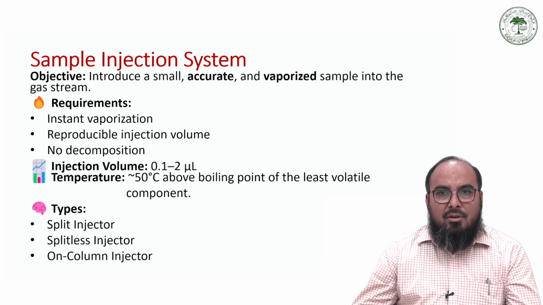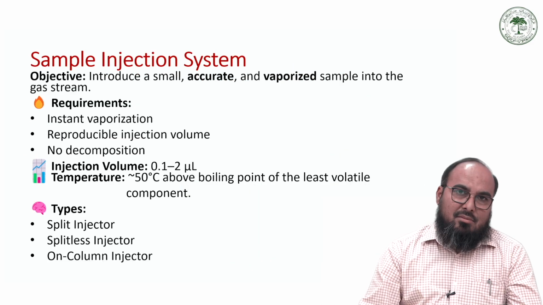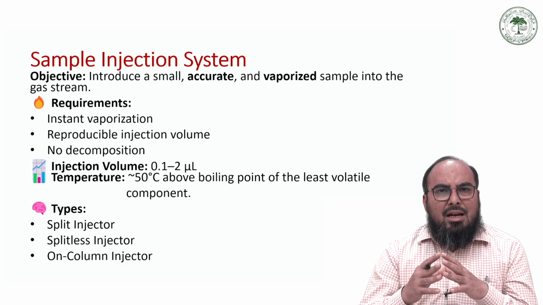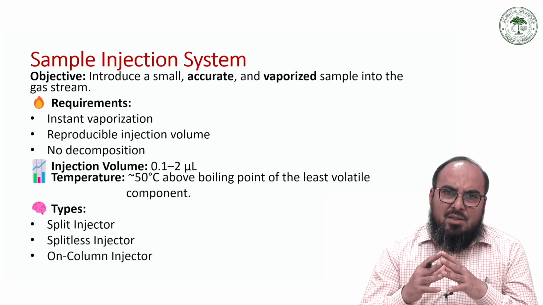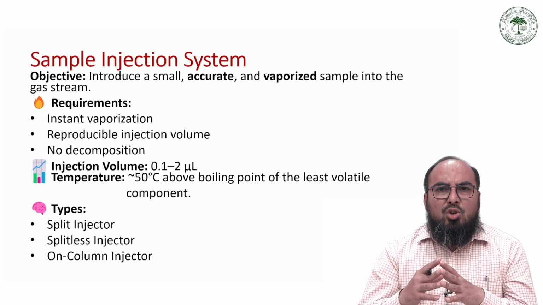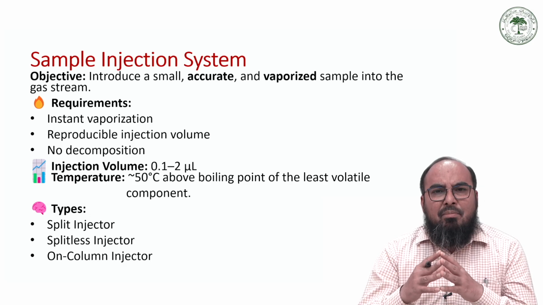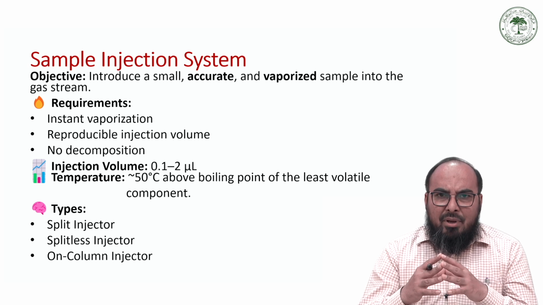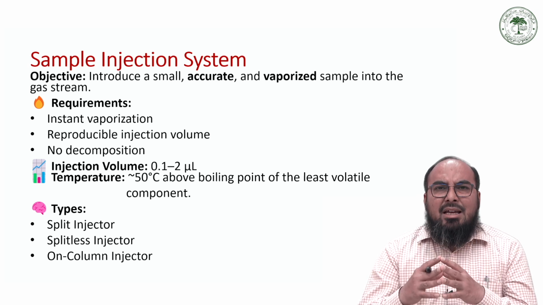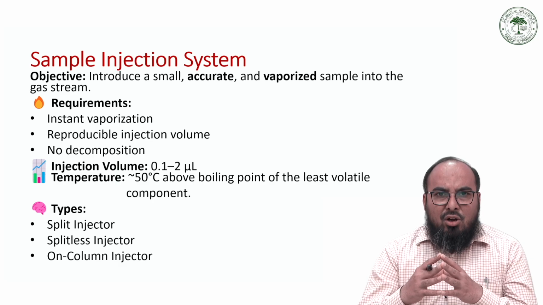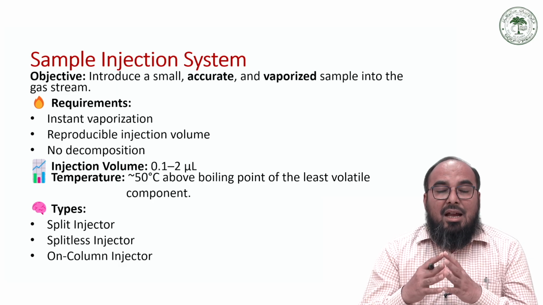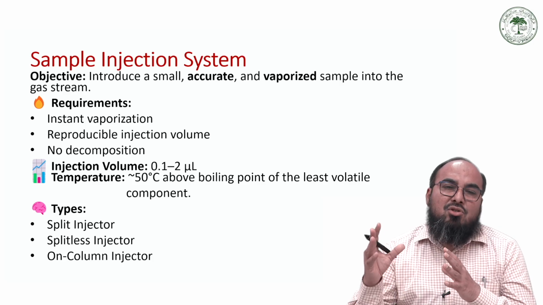Okay, so the sample injection system. This is one of the main important aspects, because for an efficient separation you need a very good sample injection. Your sample must be appropriately injected into the port where it gets mixed, and then it travels to the column.